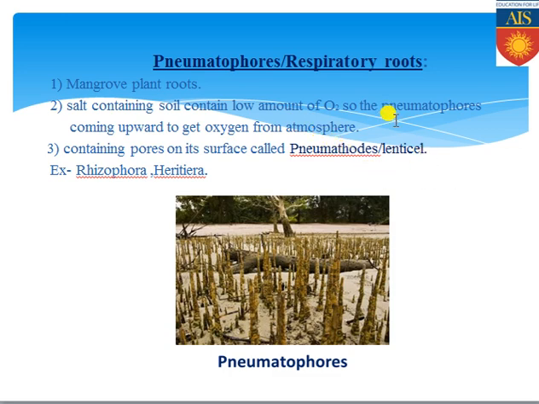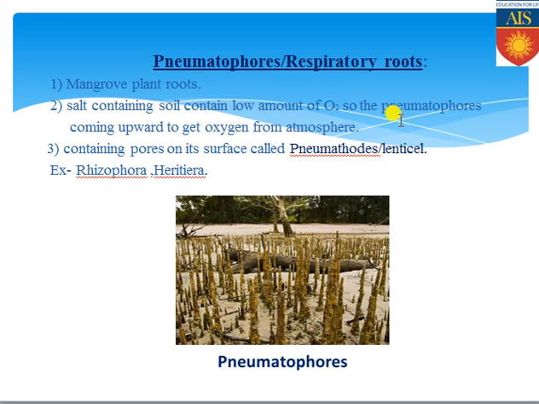So these specific roots, which come up from the ground only to obtain oxygen from the atmosphere directly, are commonly known as respiratory roots or pneumatophores. These roots also have small pores on their body surface, and those pores, which are responsible for obtaining oxygen from the open atmosphere, are known as pneumatodes or lenticels.